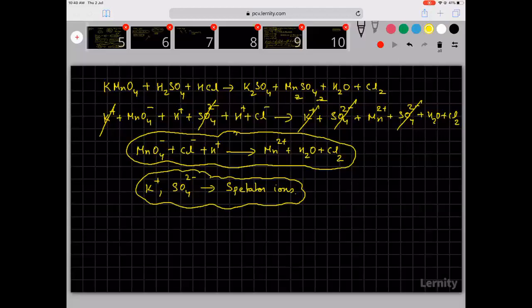So such ions are referred to as the spectator ions. Such a reaction is called an ionic reaction because it has mostly ions which are reacting. So you have spectator ions and you have ionic reaction.